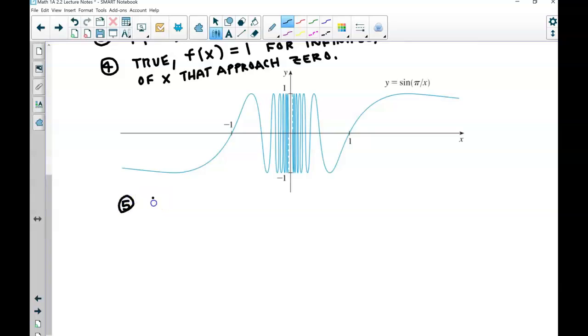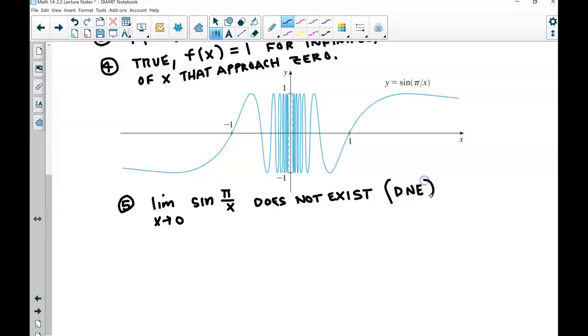So we would say that the limit as x approaches 0 of the function sine of pi over x does not exist. And then sometimes we just abbreviate that as DNE for does not exist.